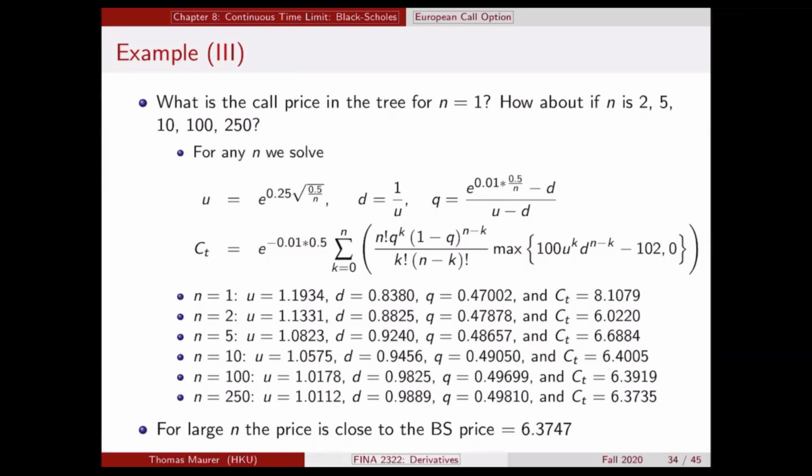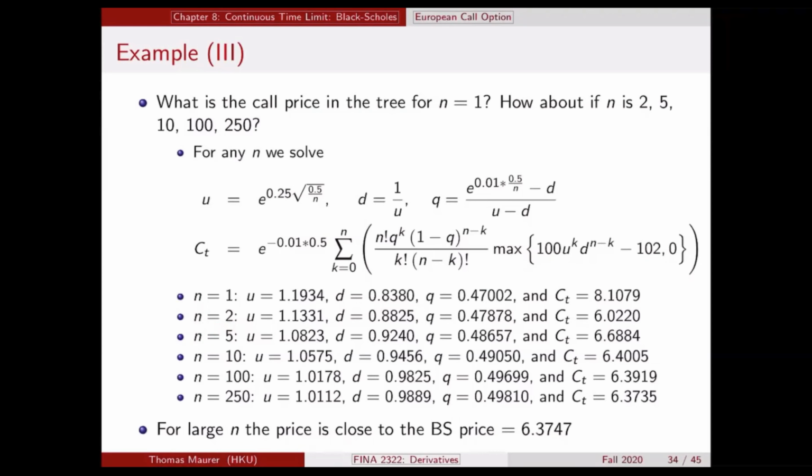Again, all these variables depend on how many time steps I take. If n is equal to 1, I just plug in. I get all these values, and then I plug into my formula over here to find the call price of $8.11.